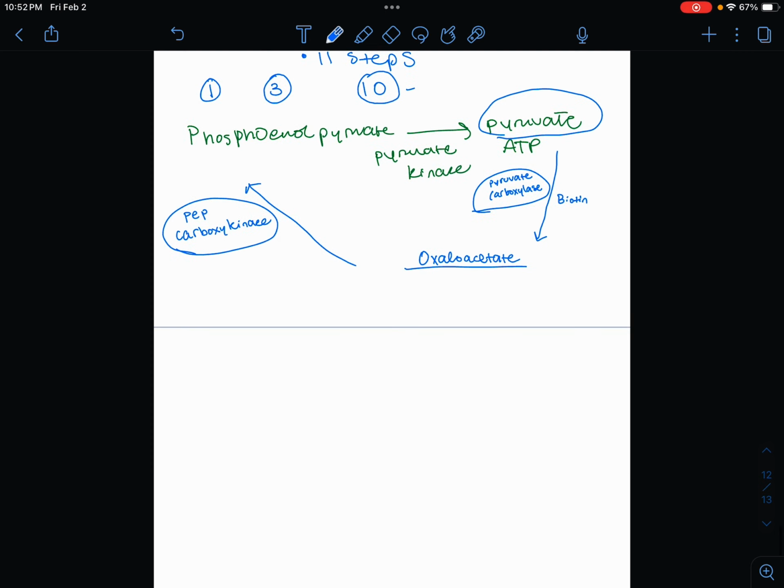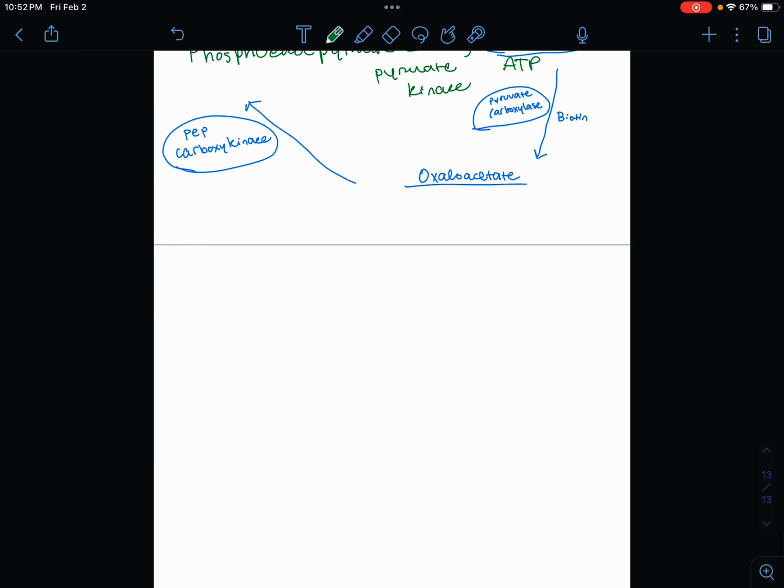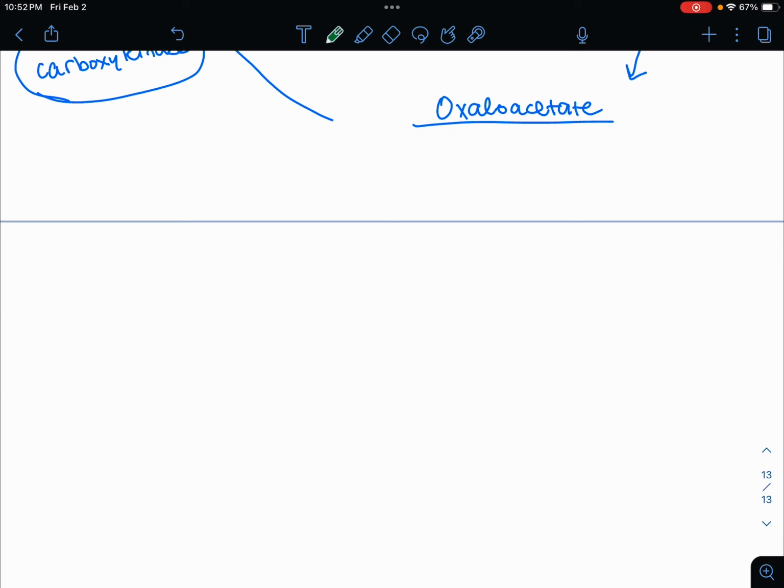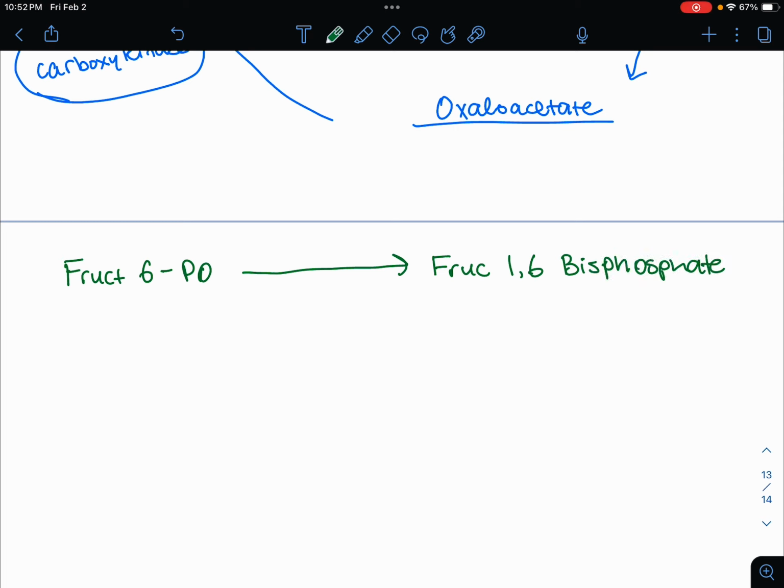Now we have a bunch of similar steps until step 3. So let's review step 3 in glycolysis, which was fructose 6-phosphate transforming into fructose 1,6-bisphosphate. And the enzyme in play was, of course, PFK... sorry, that's wrong.